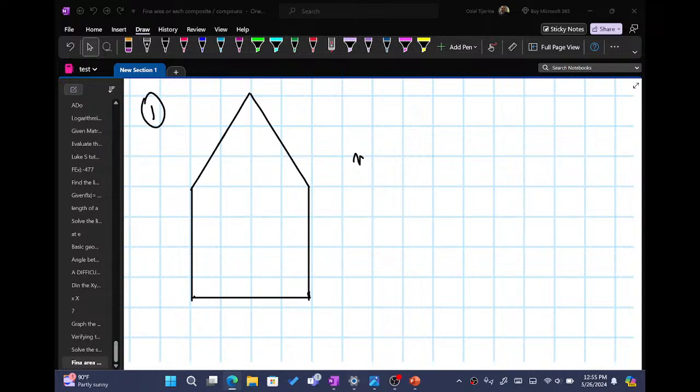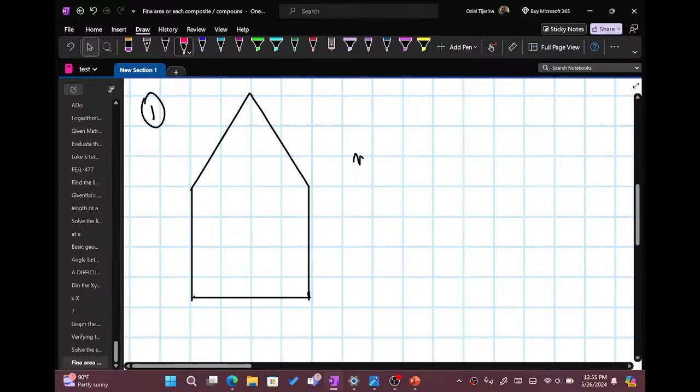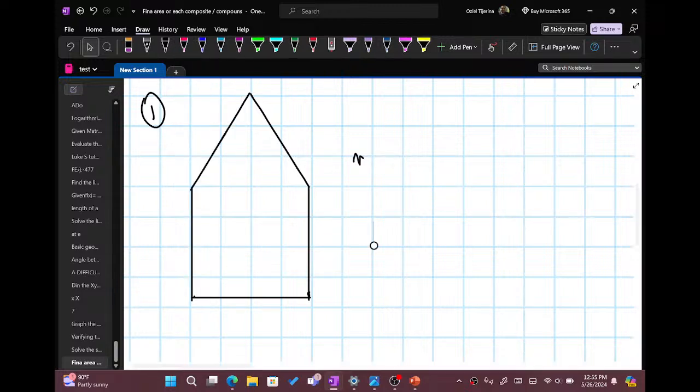Now, what they're telling us here is a few things. Number one, the side length. So this side length is 6 centimeters.